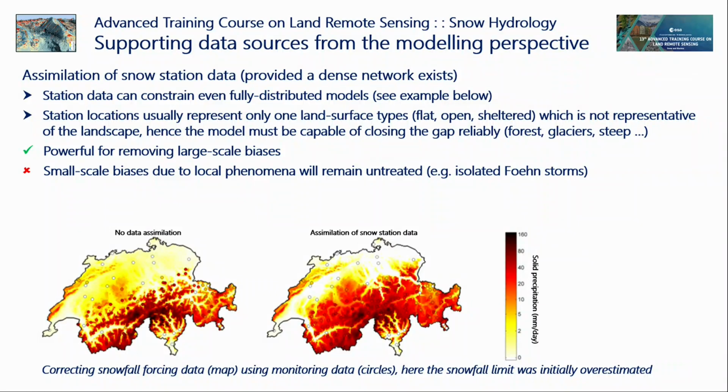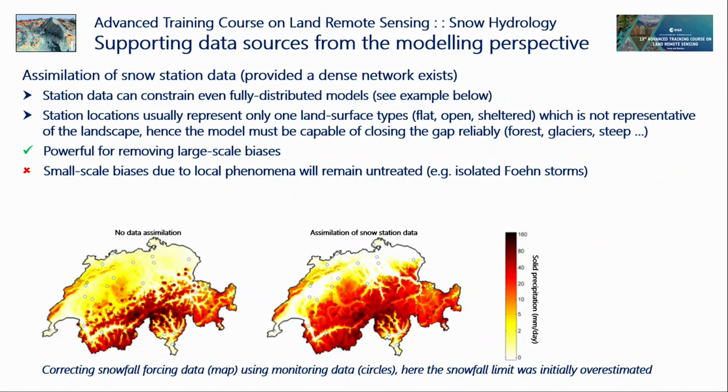And here's an example. Those circles are stations, the background is the model, and if they match up quite well, you barely see the circles because they have the same color as the background. Unlike in the left situation, and this is a situation where we try to estimate solid precipitation for a particular storm event, and we were wrong at the beginning because the first guess was flawed in that it would overestimate the snowfall limit.